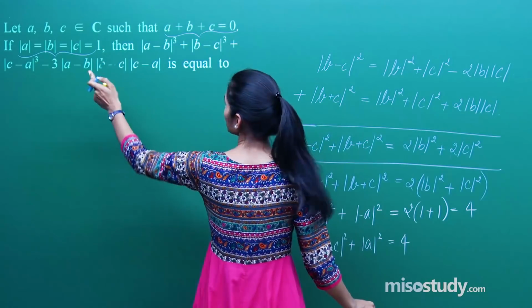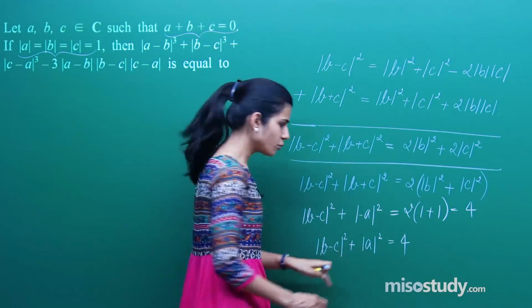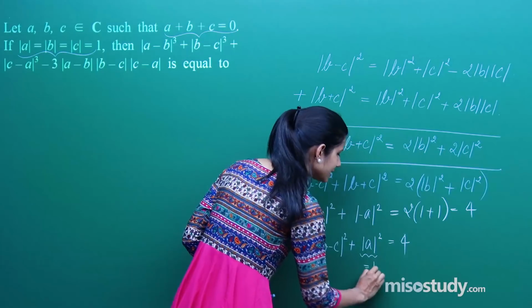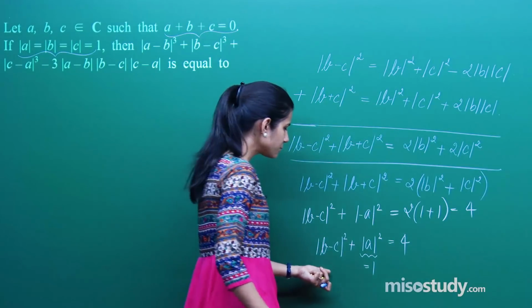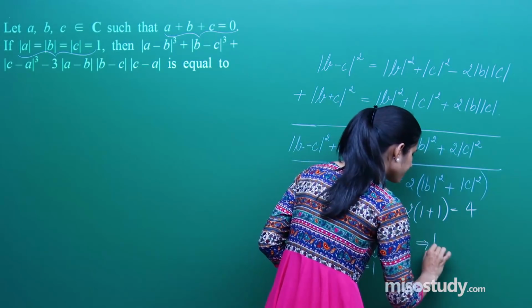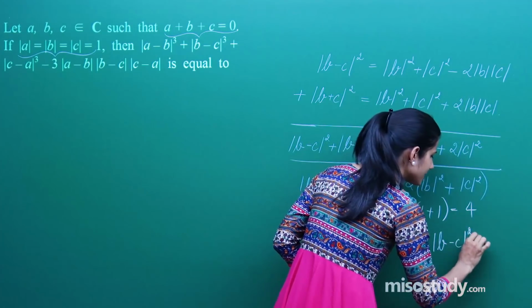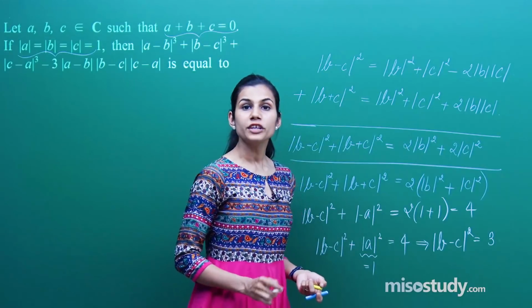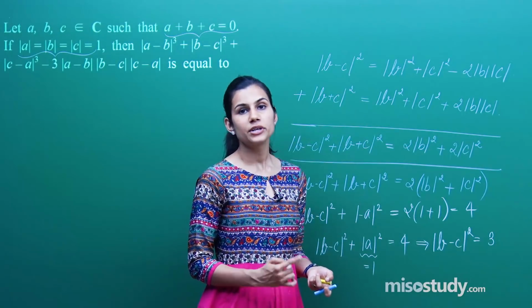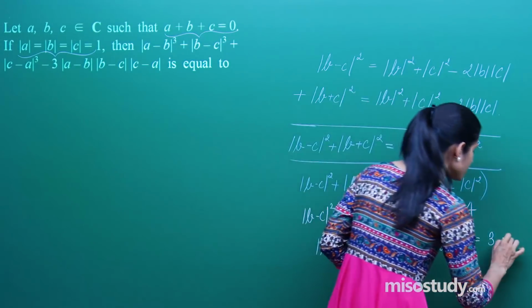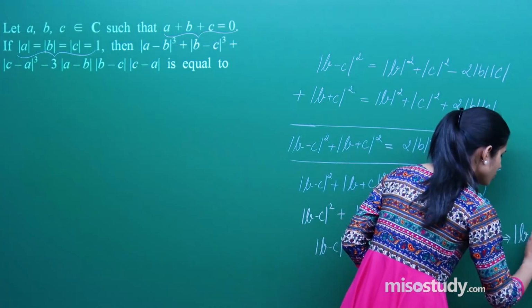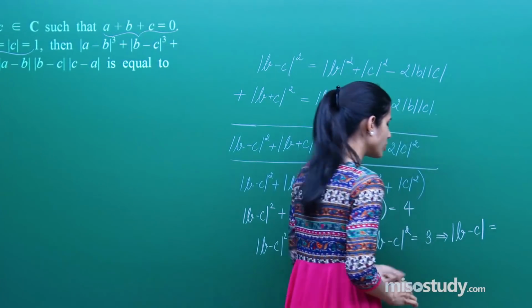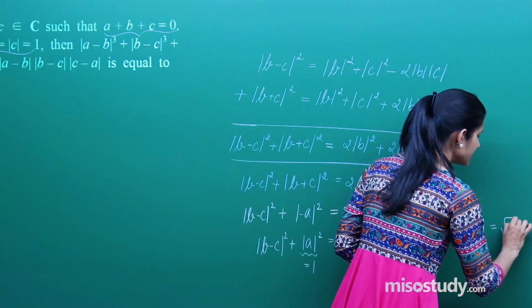But modulus of A is also given to be 1, so its square is also 1. So instead of this quantity, I can directly write 1. And so mod of B minus C whole square is 4 minus 1, that is 3. You all know that modulus of a complex number is a non-negative quantity, because of which I get modulus of B minus C is positive square root of 3, that is root 3.